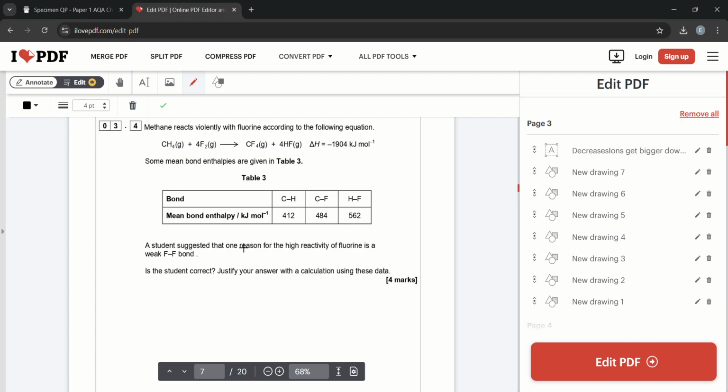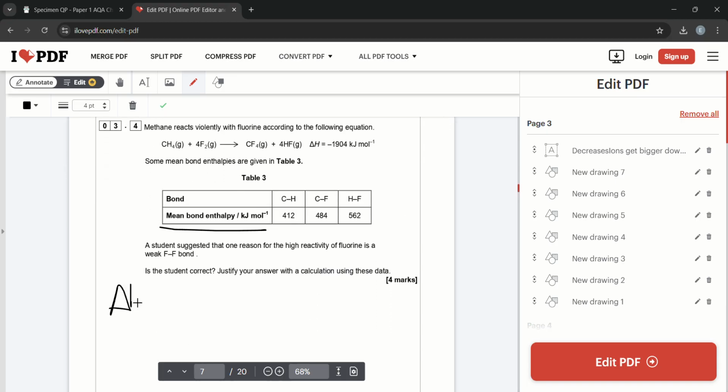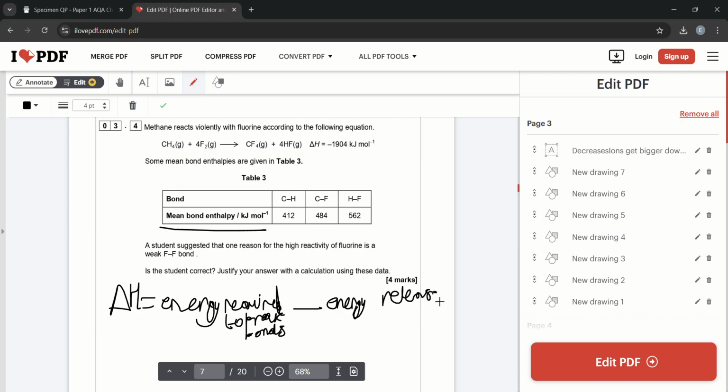Because it's mean bond enthalpy, delta H equals energy required to break bonds minus energy released when new bonds form.